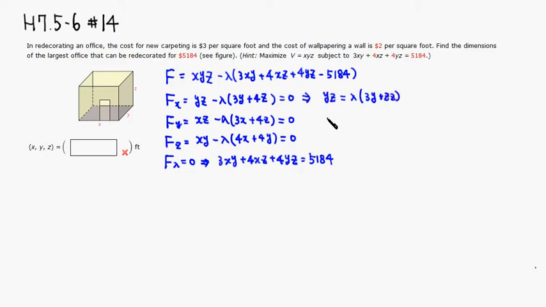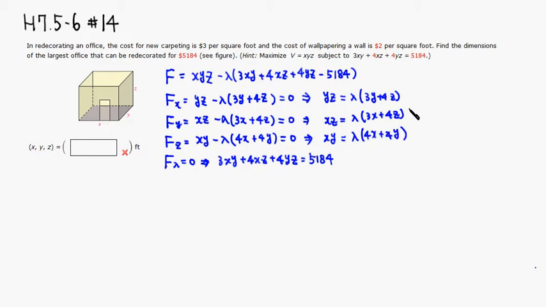And xz equals lambda times 3x plus 4z. It's kind of hard to see, so this should be plus 4z. Then here we get xy is equal to lambda times 4x plus 4y.